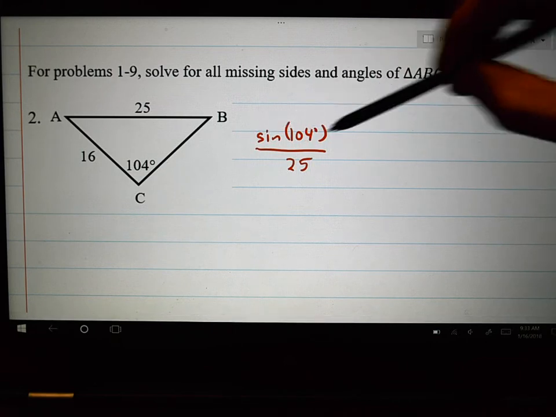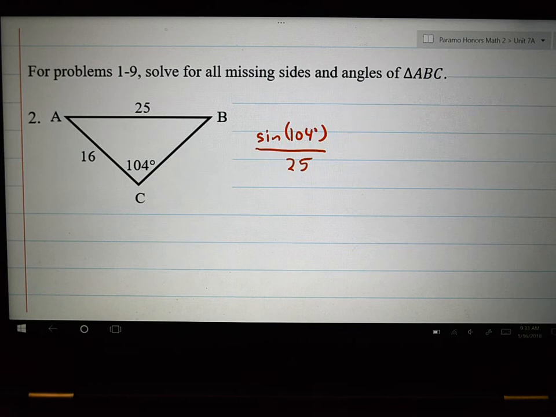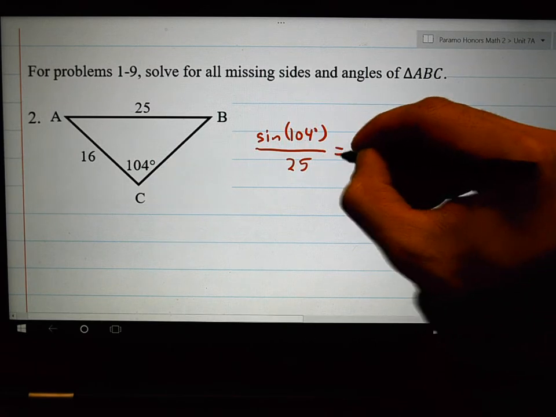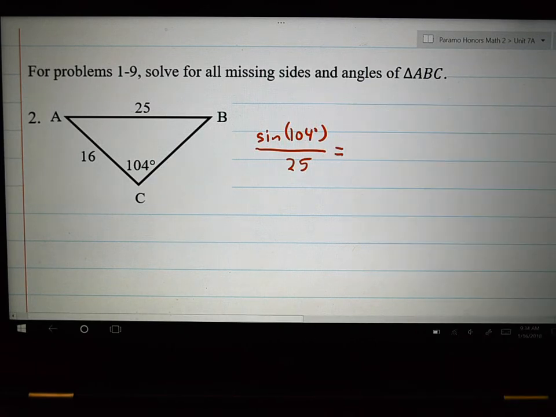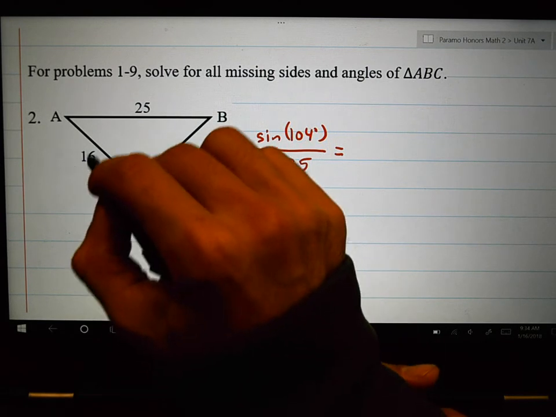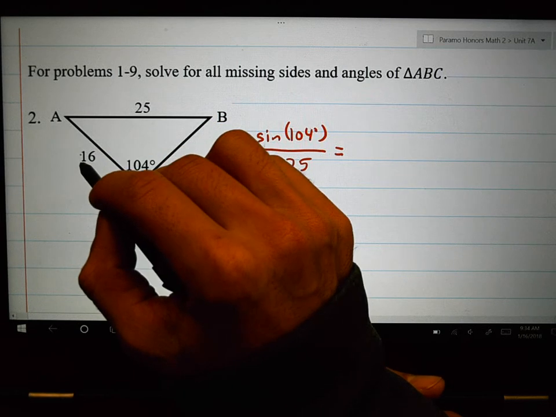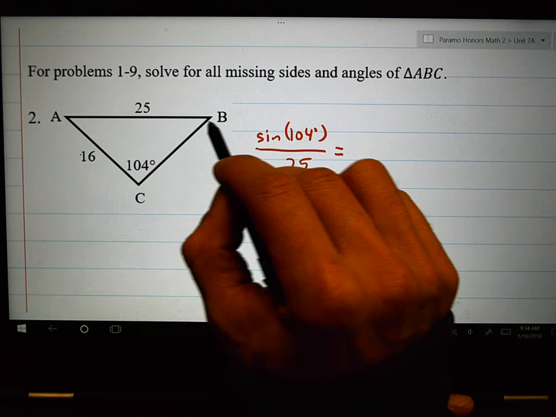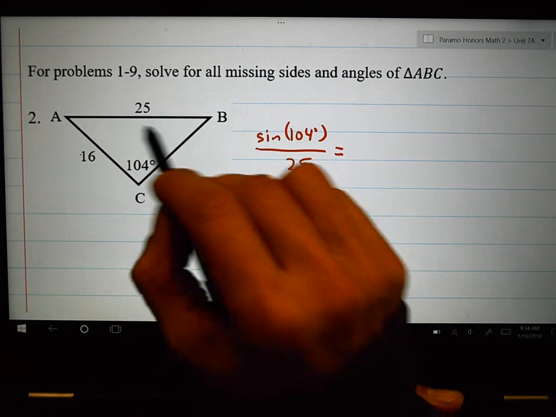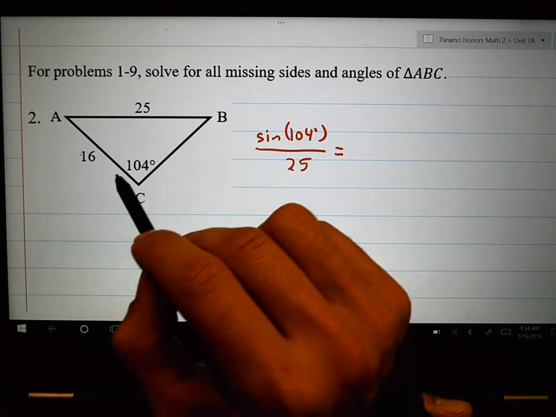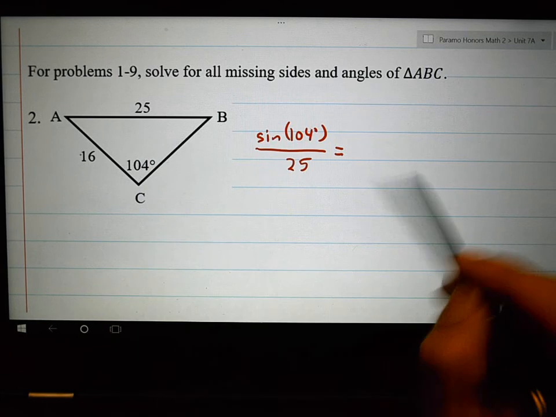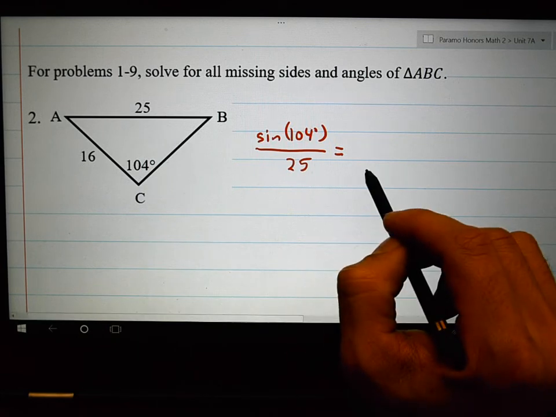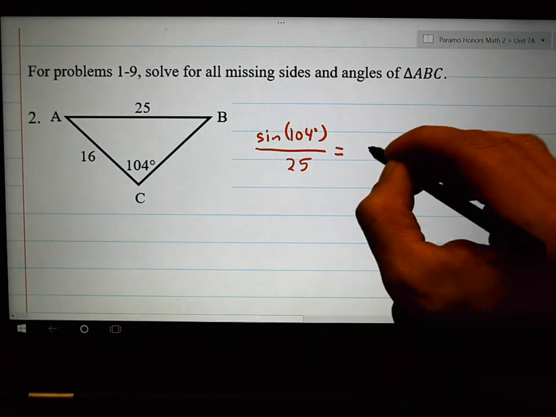This is a value we know. We know what's across from it. Equals. We know one more thing. We've got to use something we know to figure out what we don't know. I see that we have a value of 16 here. What letter is that? Little b. Don't just say b, say little b, so you know that we're talking about a side length. Little b will end up going on bottom here.